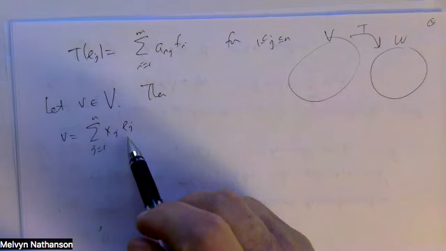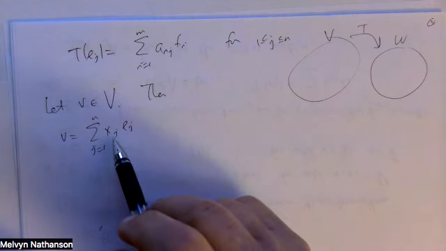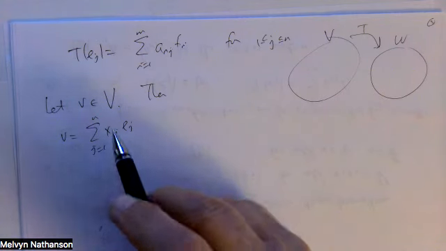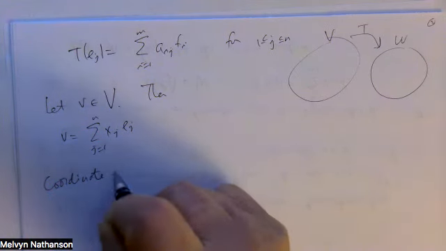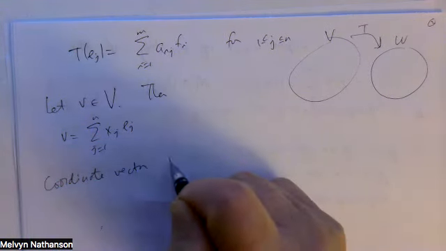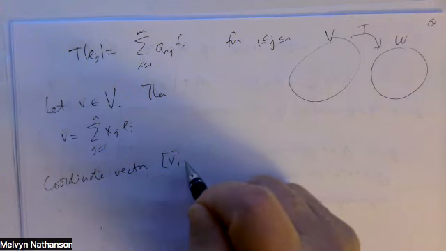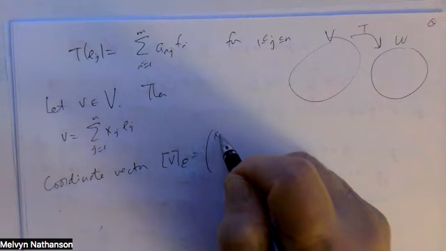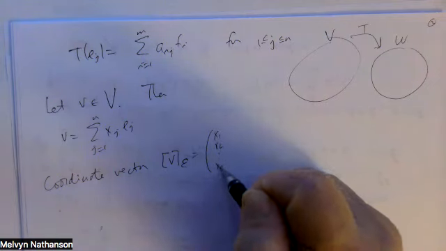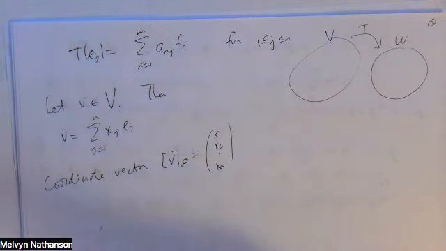The ej's form a basis for the vector space V, so the coordinates x sub j are unique, and we have the coordinate vector for v with respect to this basis that we call E. It's just the vector x1, x2 down to x sub n.